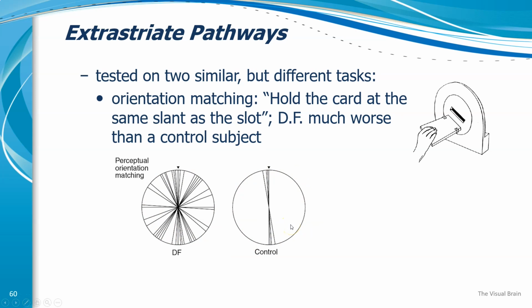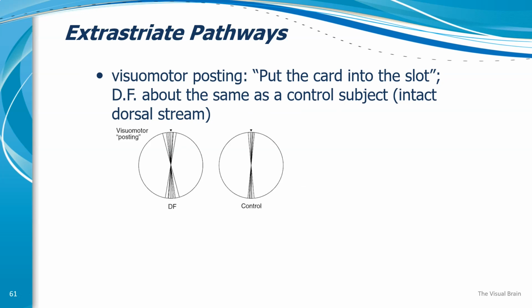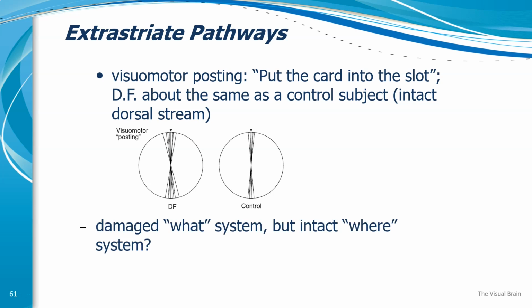They changed this task just slightly, but importantly, it's called visuomotor posting. And now, same card, same slot, the task is put the card into the slot. And now, Diane is about as good as a control person. Looks like her what system is pretty severely damaged, but her where system is intact.